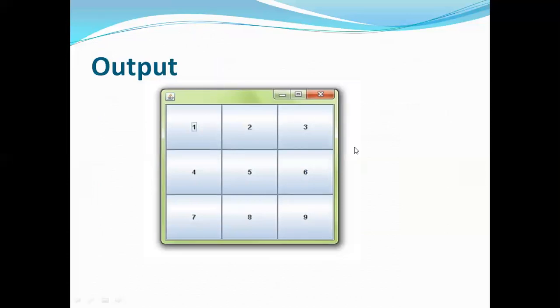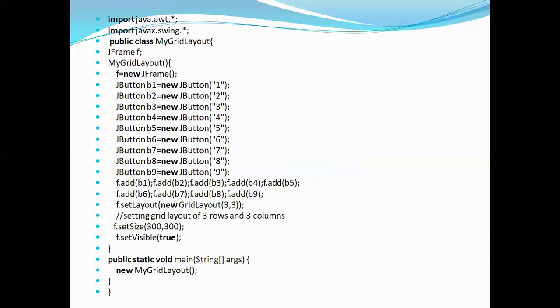Just observe here, we have a frame. Inside the frame we have 9 buttons, and these 9 buttons are arranged in the form of a grid which has 3 rows and 3 columns. Now let's see how it is implemented in the program. I'm creating a frame first, that is frame is equal to new JFrame, and then I'm creating the buttons with names. JButton B1 is equal to new JButton.